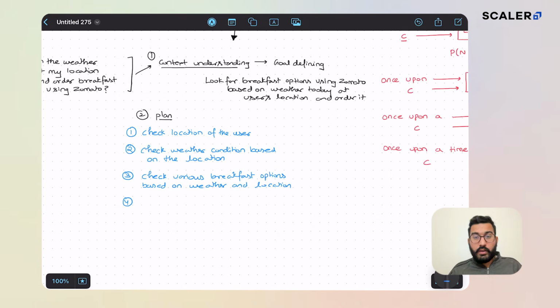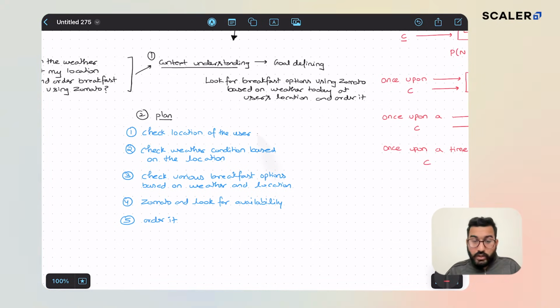Fourth, now ChatGPT will go to Zomato and look for options, Zomato and look for availability. Fifth, order it. So this is the entire plan.